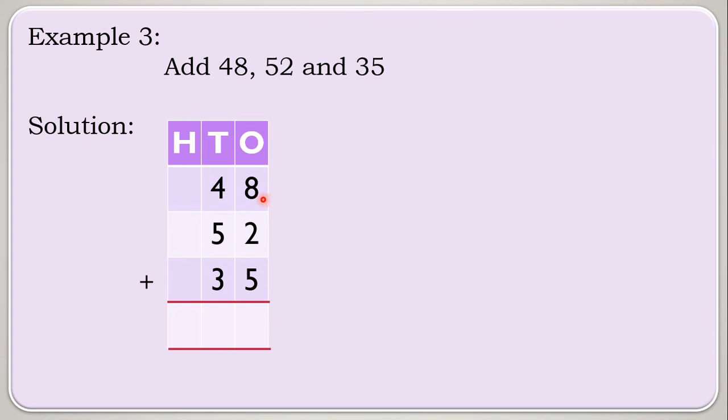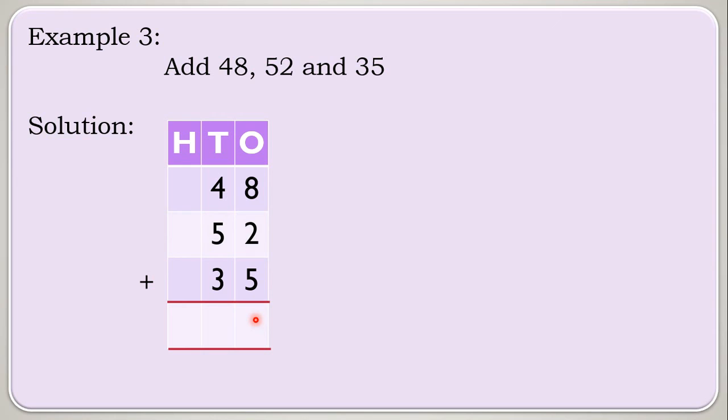Let us do it now. 8 plus 2 is 10, 10 plus 5 is 15. See here, we get 15 after adding the digits in ones place in these numbers.